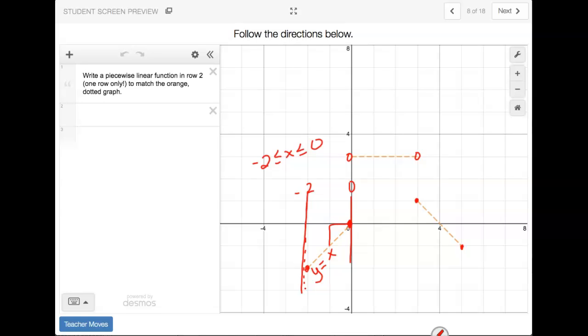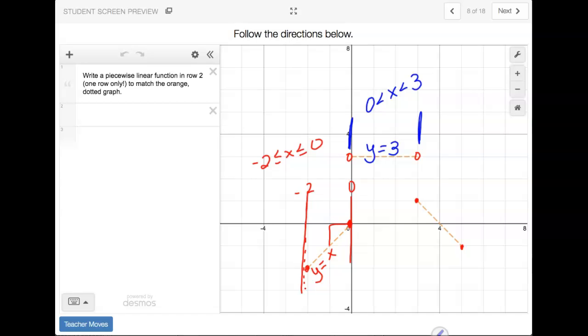For the second branch, it is just a horizontal line up here at 3. So it has the equation y equals 3, and the domain for this is going from 0 to 3. And notice that I had open circles on the end of that, so I am not putting equal signs for my domain.